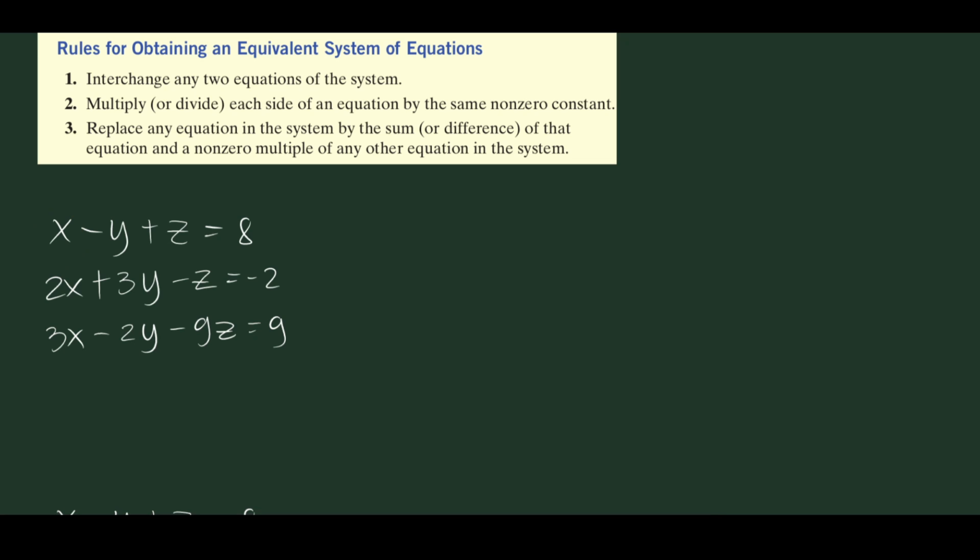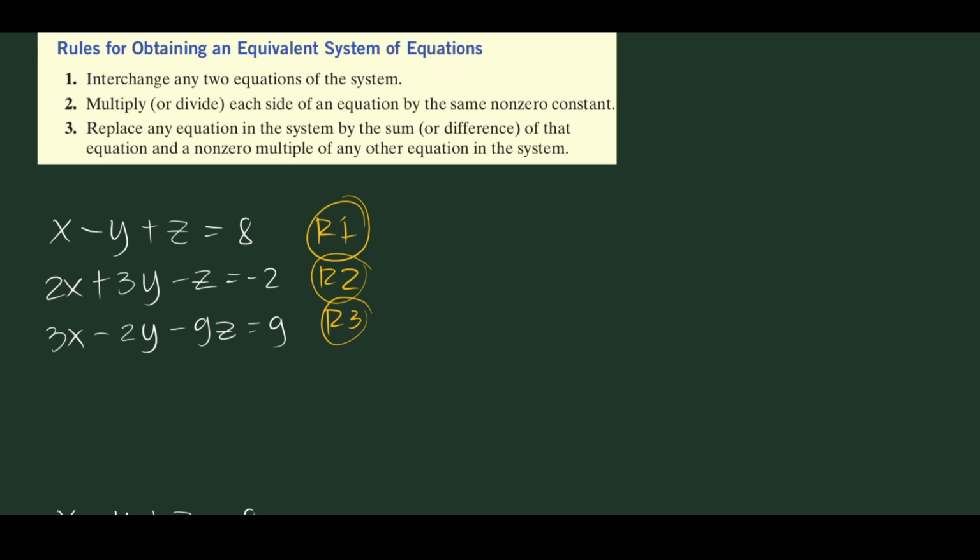So how are we going to remove the x value here? Let's first label these rows. We label this as R1, this is R2, and this is R3. You can make your own labels, but I'm just going to use R1, R2, and R3.